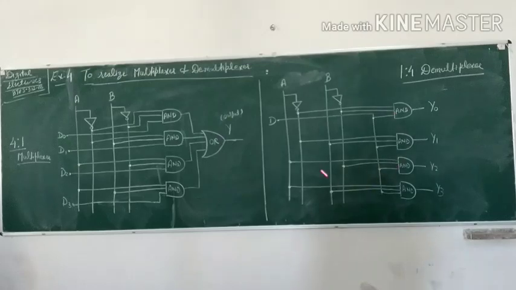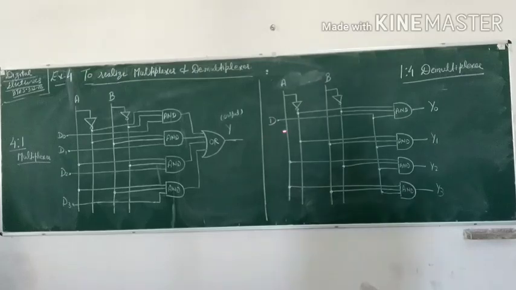The next circuit is the 1:4 demultiplexer, meaning 1 input will be given and there will be 4 outputs. This is the input D. Now A and B will be supplied as per the value of D, and we will get the results over here in Y0, Y1, Y2 or Y3.